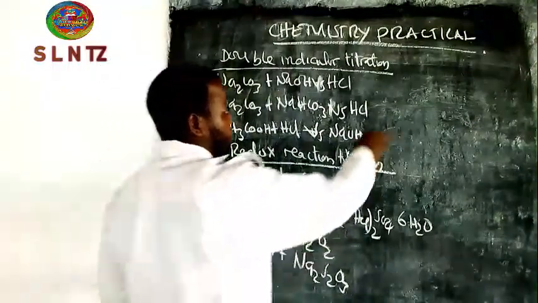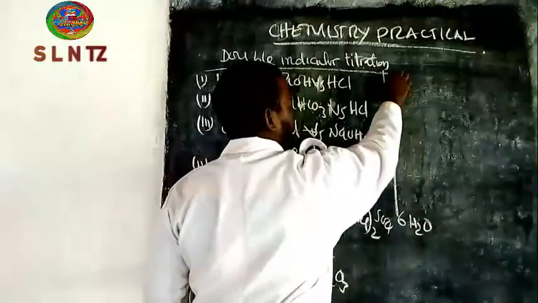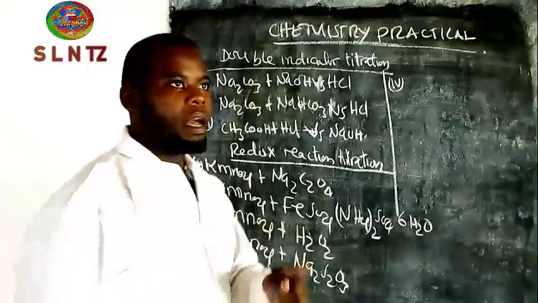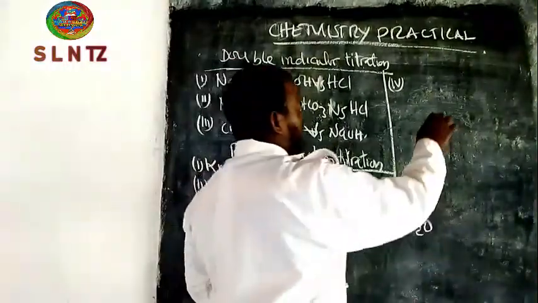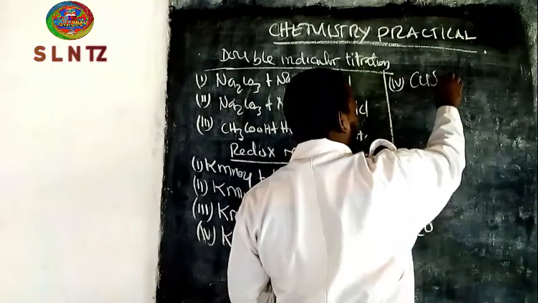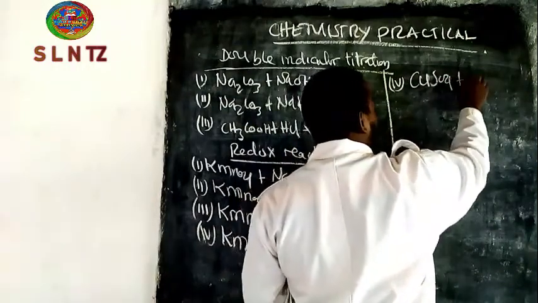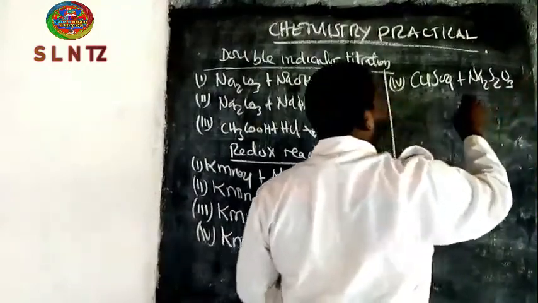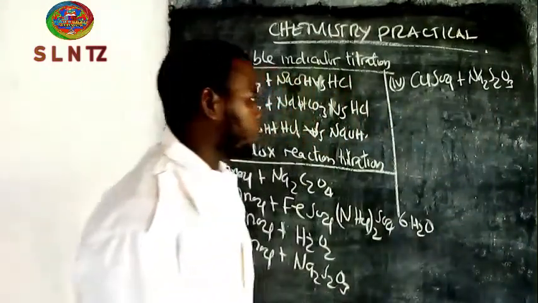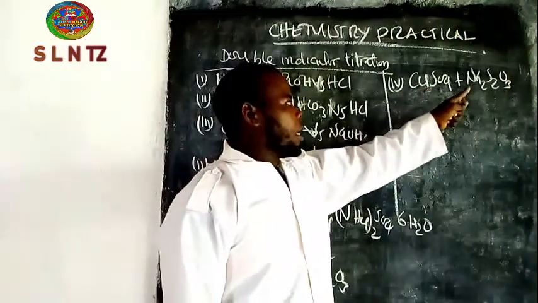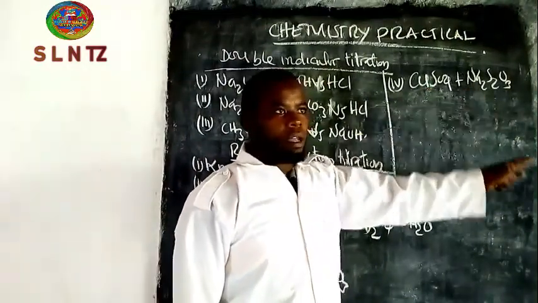And then number five, in redox titration, we use copper sulfate against sodium thiosulfate.